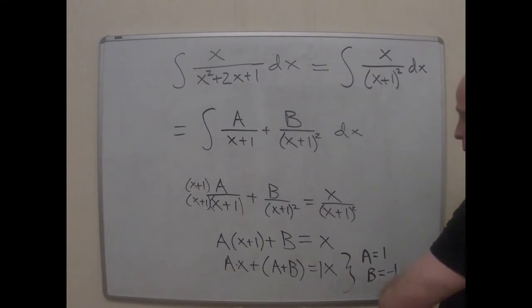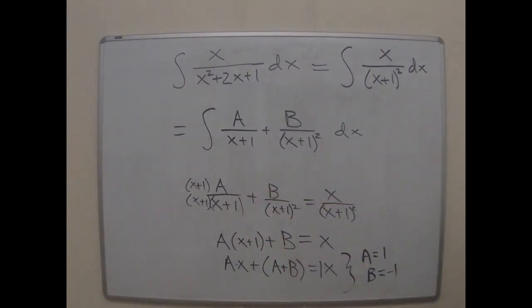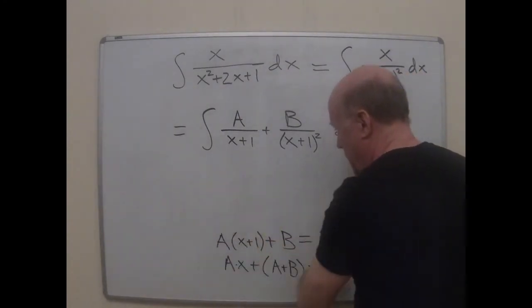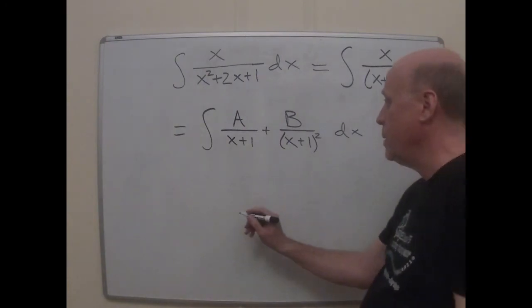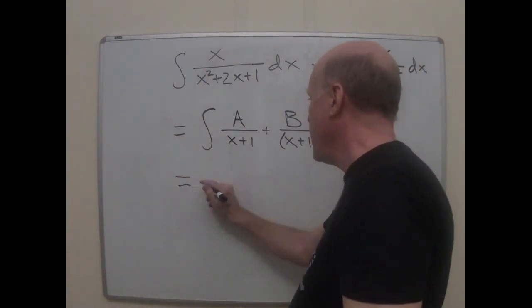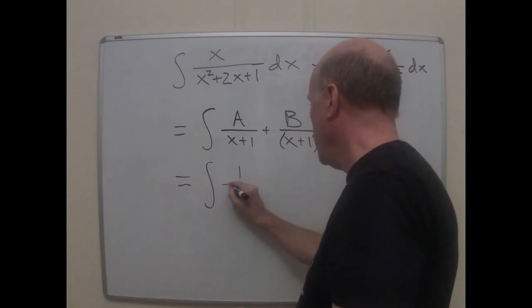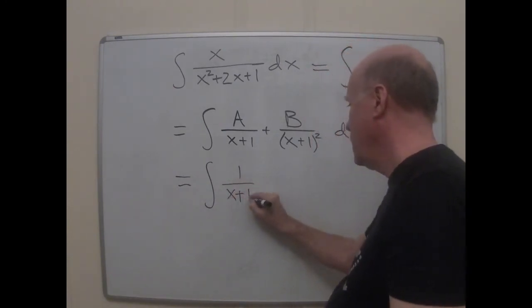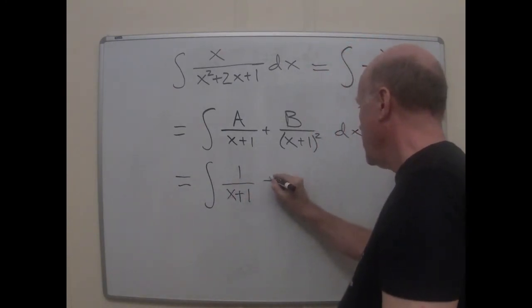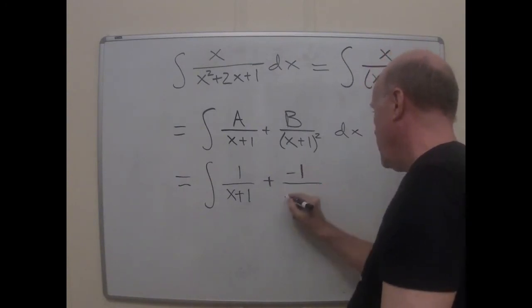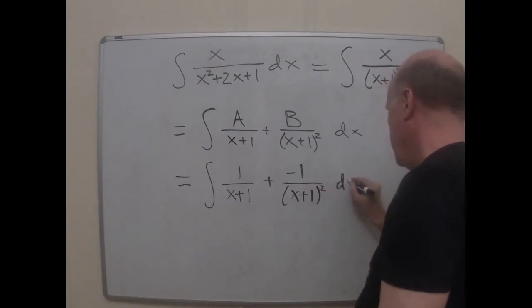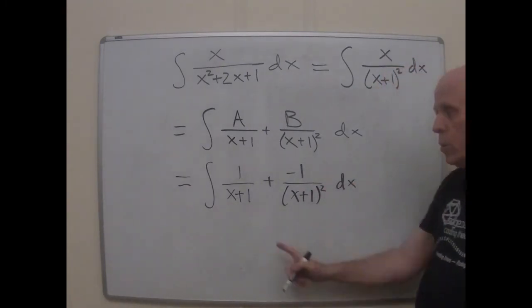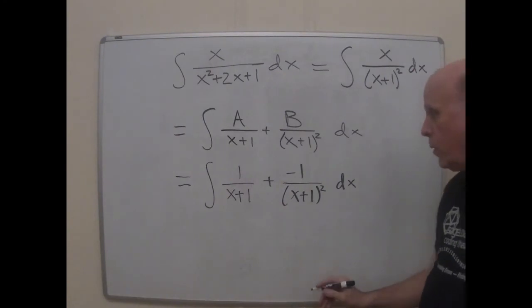So let's suppose that we had done this work on a separate sheet of paper or something, because I want to continue going without doing a new screen. What we've got then is the integral of 1 over x plus 1 plus negative 1 over (x plus 1) squared dx. Now, of course, we can separate that into two integrals.